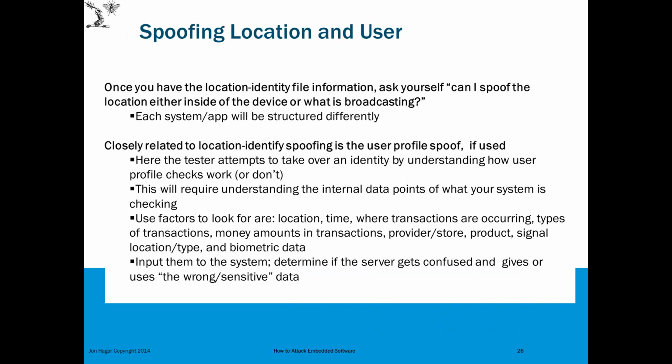This is where there's attempts to take over the identity and understand the user, maybe the user profile. The bad guys are trying to get access to the data. The profiles use things like location, time, and types of transactions. Those kinds of information are what is being checked to see, is it typically what John Hagar does?